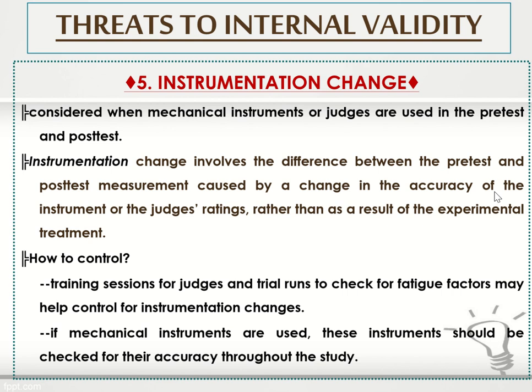Next, instrumentation change. So when mechanical instruments or judges are used in the pretest and post-test phases of a study, the threat of instrumentation must be considered. So instrumentation change involves the difference between the pretest and post-test measurement caused by a change in the accuracy of the instrument or the judge's ratings, rather than as a result of the experimental treatment.